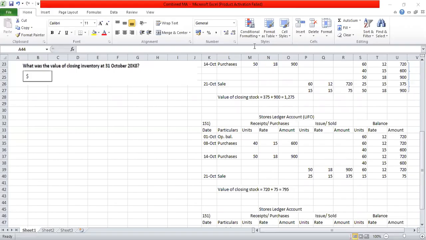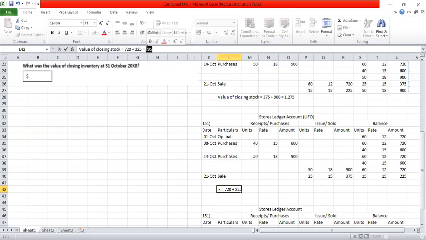The last line, 15 into 15, it will be 225, not 75. So somewhere I made a mistake here. This is 225. Total value is 945.